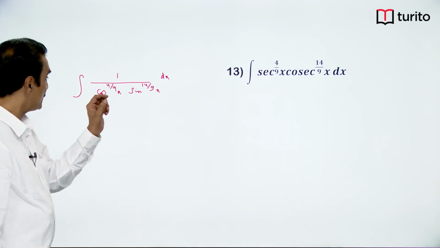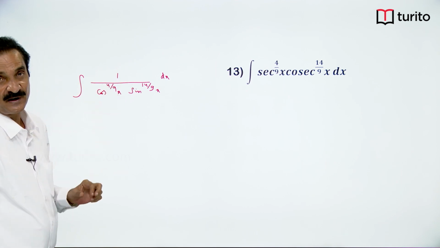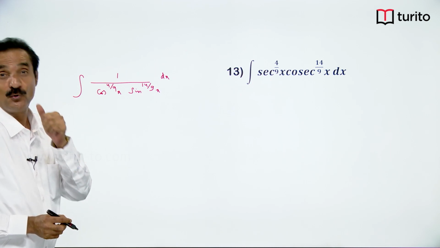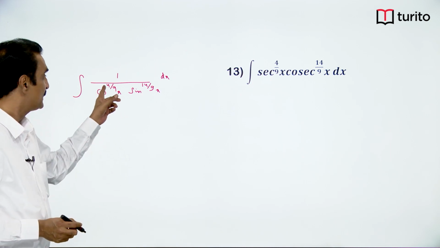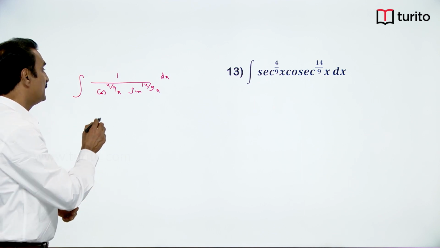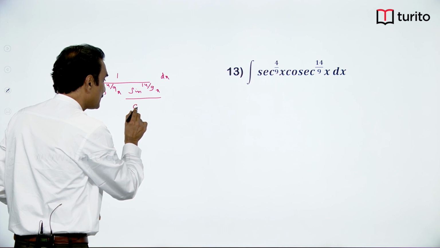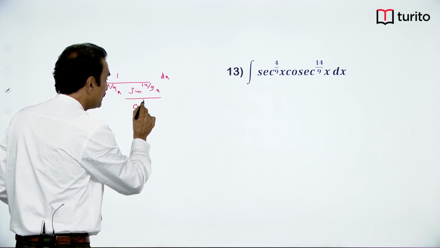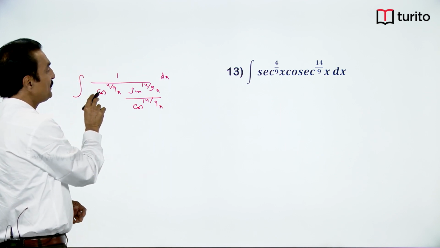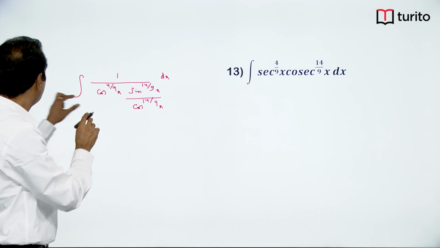You observe the numbers. Is there any relation between 4 by 9 and 14 by 9? If you add them, you are getting 2. The sum is 2. So, if you divide by cos power 14 by 9 and multiply by cos power 14 by 9, this becomes cos square x.